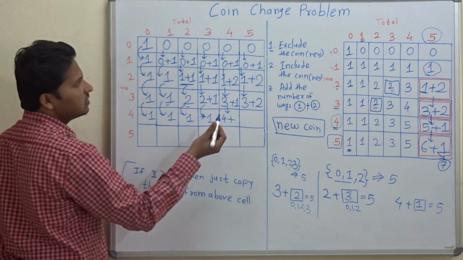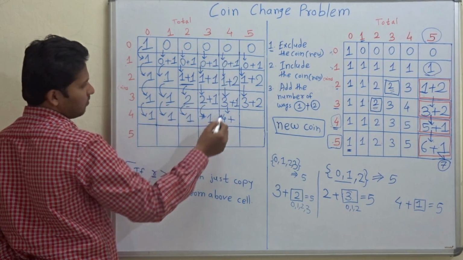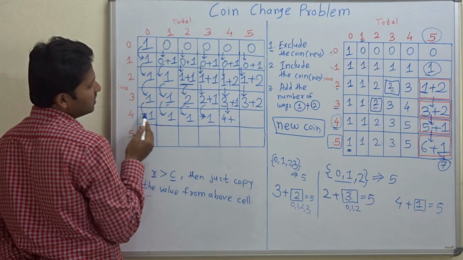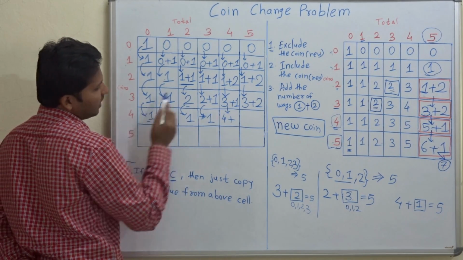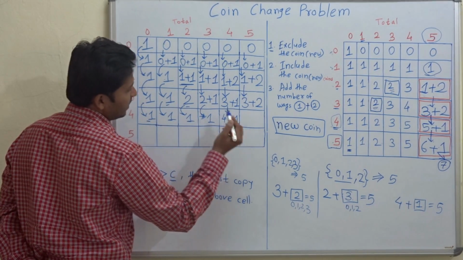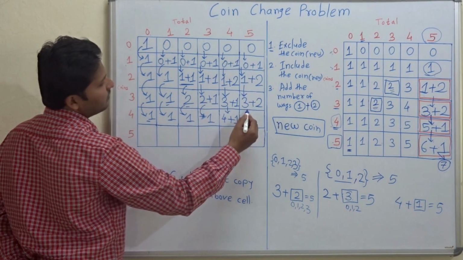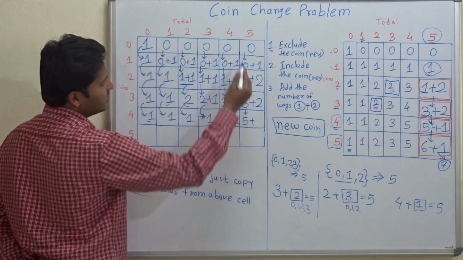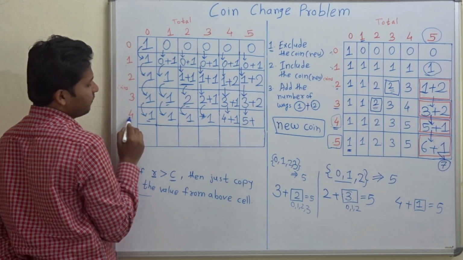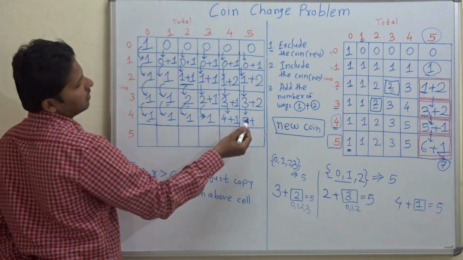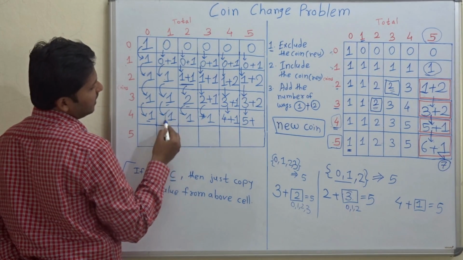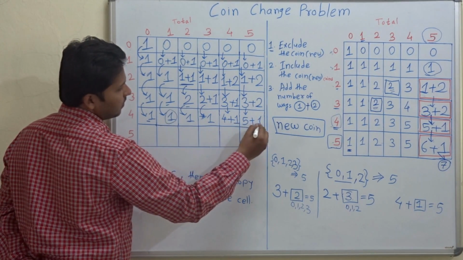And for including the new coin, 4 minus 4 is 0. So in the same row, go to the 0th column and take this value here. That is 1. So to make 5, take the value from above cell. That is 5 plus 5 minus 4 is 1. So in the same row, go to the first column and take this value. 1 comes here.